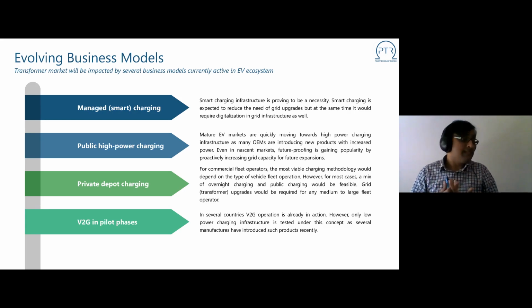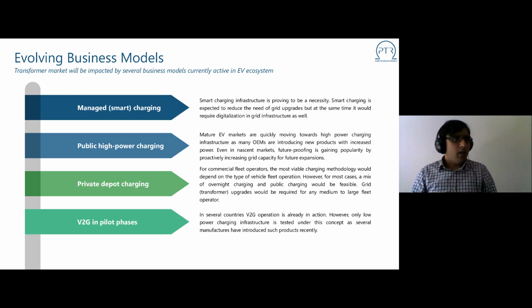So that means that on the grid side, the equipment also needs to support the reverse flow of power. Right now, the trend is only in low power charging. It's very much in the pilot phase, so to speak, because the products which we see already in the market are being launched on a test basis.